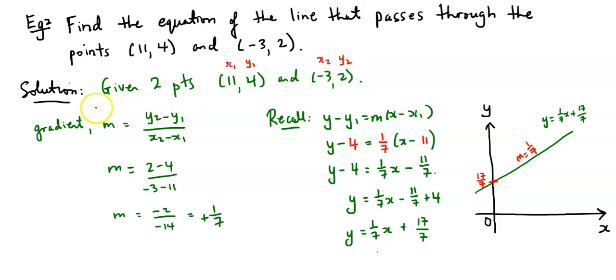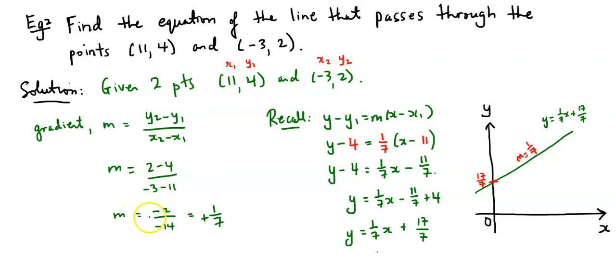Now if you recall the formula for the gradient of a line, m is equal to y2 minus y1 over x2 minus x1, which is change in y over the change in x. So substitute our values: y2 is 2, minus y1, which is 4, all over x2, which is negative 3, minus x1, which is 11.